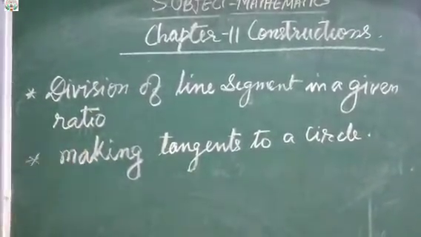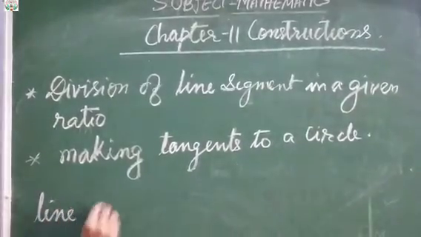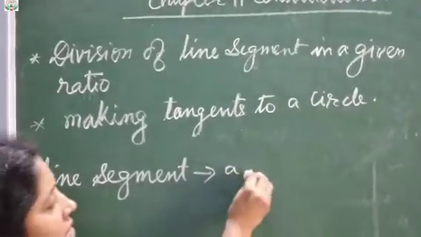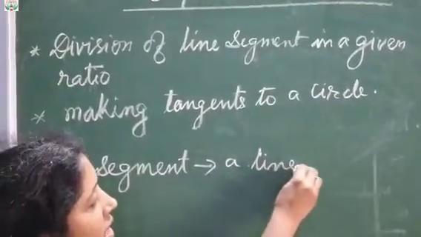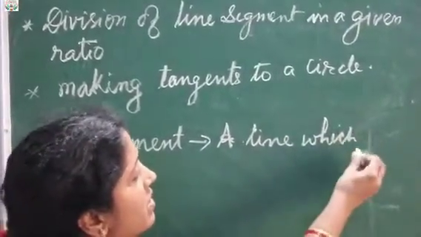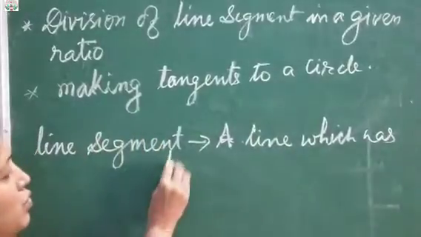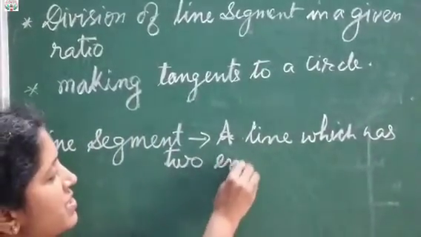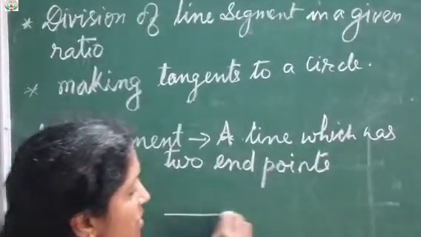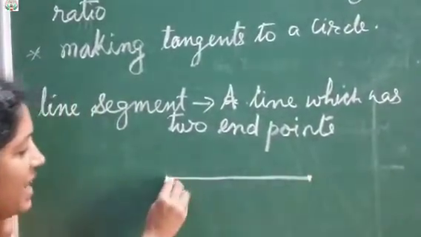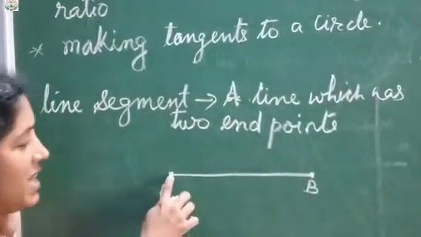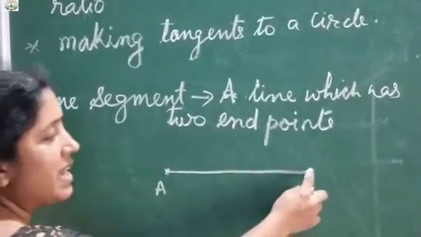A line segment, as all of you know, children, is a line which has two endpoints. Suppose I have drawn a line like this, with endpoints A and B. This is the end on this side and this is the end on this side.